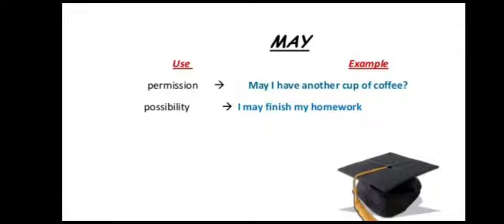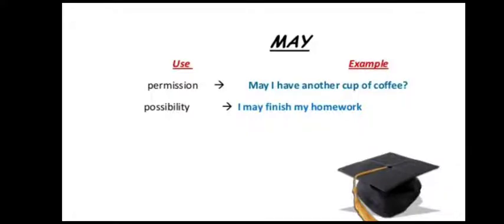Now let us see the next modal, which is may. May is a word which we use more often in our daily life, especially in school life, at the office, or in the life where we have to be formal.